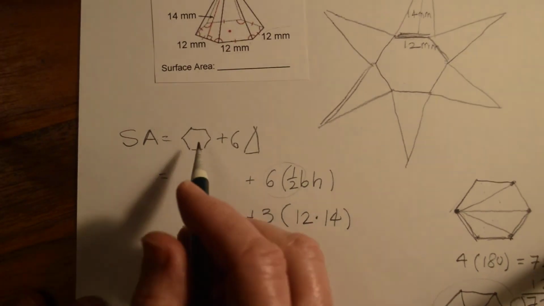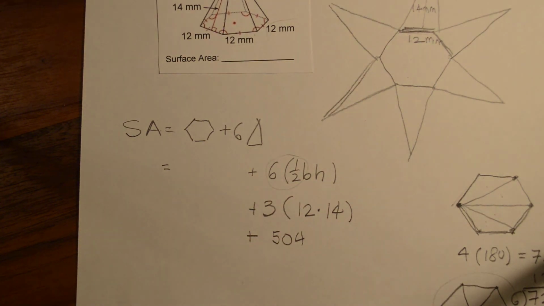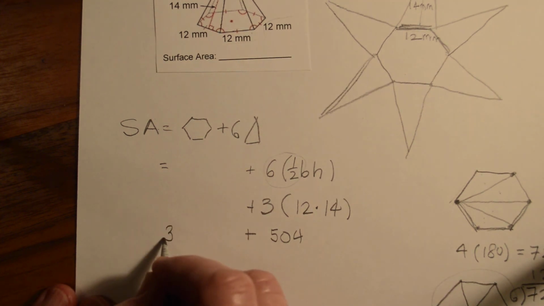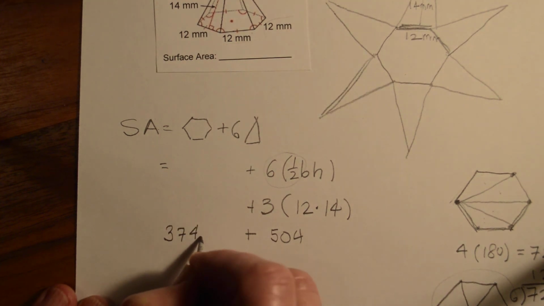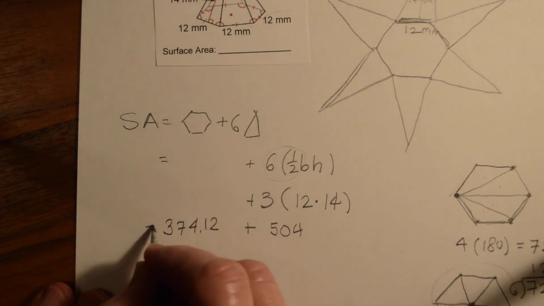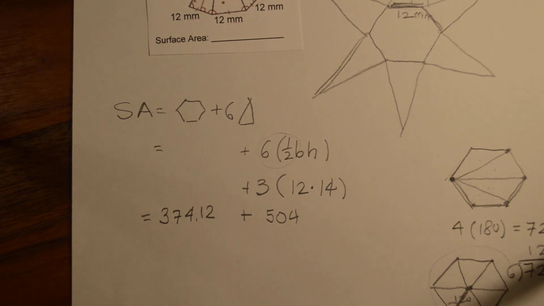So let me put that back up in our formula right here. For the area of the hexagon, we're going to do 62.35, saved in my calculator, times 6. And we get 374.1212. All right, and then add 504 to that.